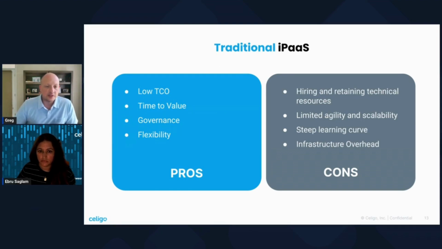So a traditional iPaaS, these are more on-premise traditional solutions. They do have a low total cost of ownership, and they do get you connected quickly. And they are somewhat flexible, but they can be hard to learn. A lot of times you're asked to deploy resources for those. So if you ever get asked that you need to deploy a virtual server or a server on Azure to maintain something like this, then what that means is that it's not a cloud solution.